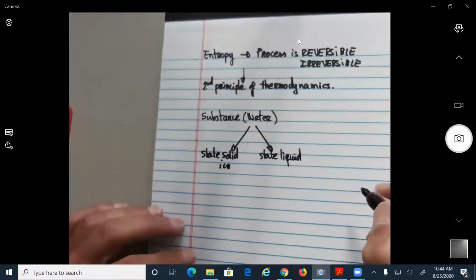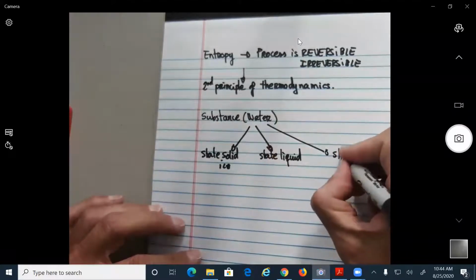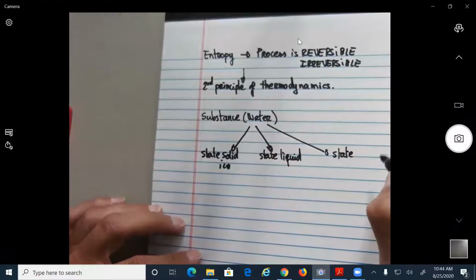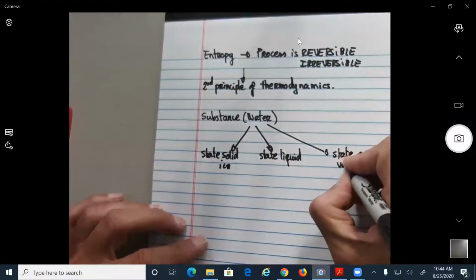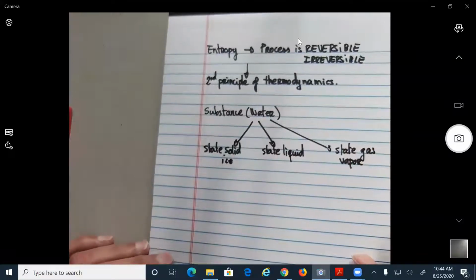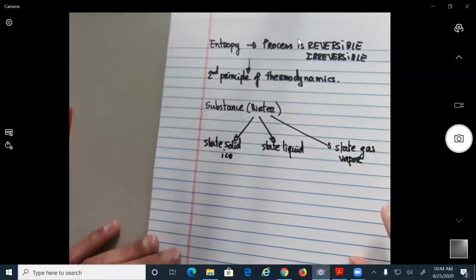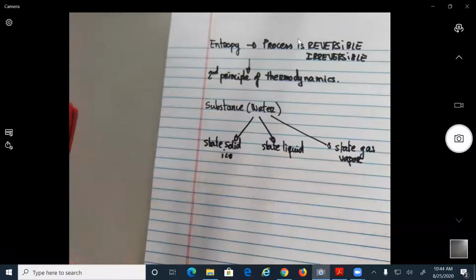That would just be liquid water. Or you could find water in state gas, which will be, if you want, steam or vapor. Okay, so here we have the same substance that you can find at 3 different states: solid, liquid, and vapor.